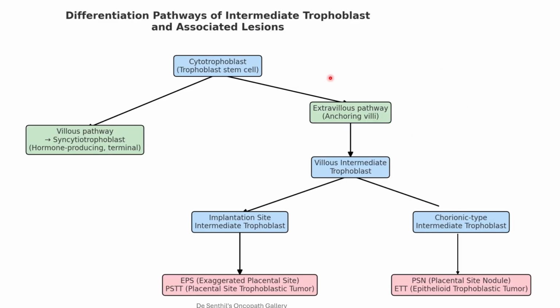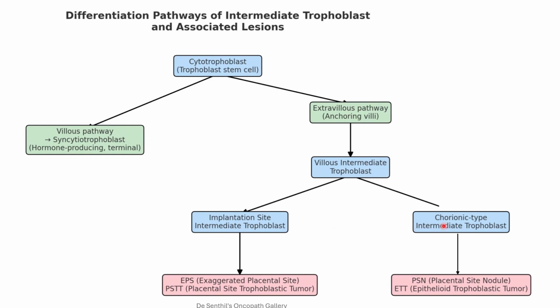Cytotrophoblast has a stem cell-like property and it will proliferate and give rise to syncytiotrophoblast; that is called the villus pathway. These syncytiotrophoblasts have a hormone producing capacity. They will be producing hormones like beta-HCG. In the extra villus pathway, it will give rise to villus intermediate trophoblast. When these villus intermediate trophoblasts are present in the implantation site, they are called implantation site intermediate trophoblast.